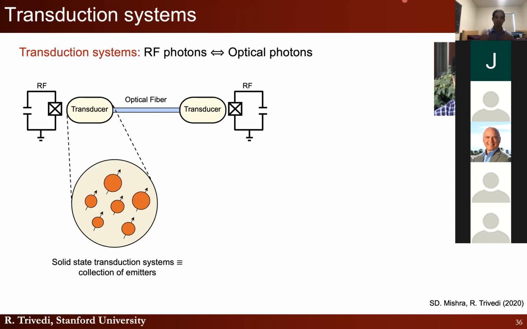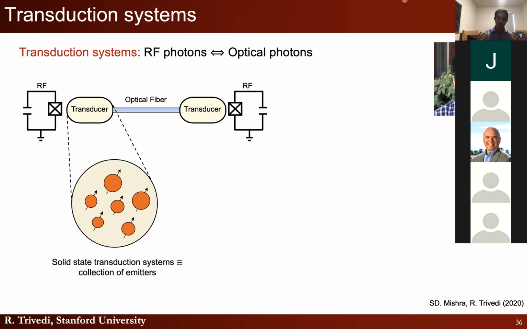And one of the technologies that people often use to make these transducers is to make them with solid state emitters, like rare earth ion emitters or color centers. These emitters are essentially quantum systems that couple to both the microwave frequencies and the optical frequencies. So by driving these emitters appropriately, you can transduce from microwave to optical frequencies. However, one of the problems with using these solid state systems is that all of the emitters have slightly different frequencies.